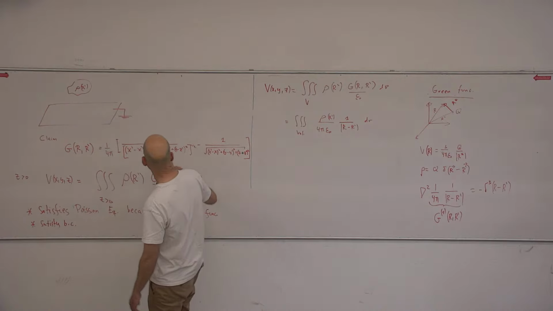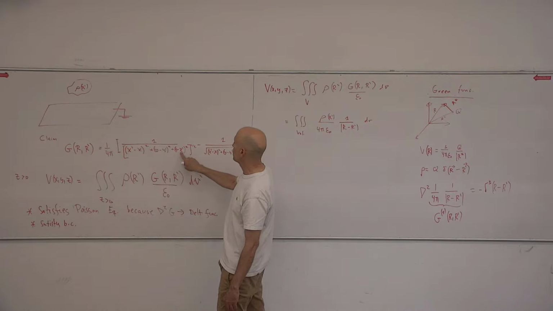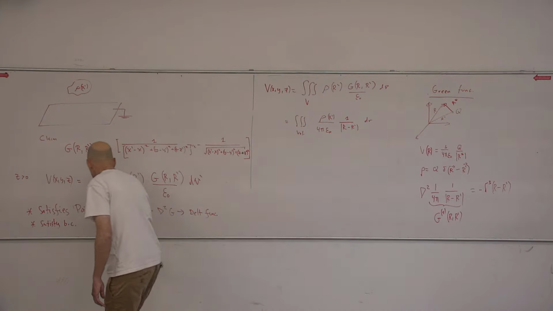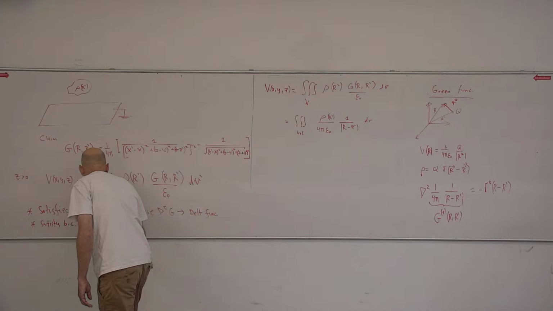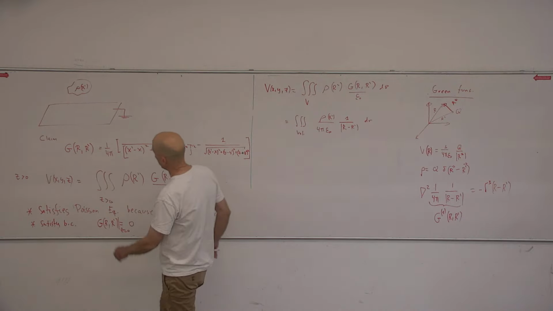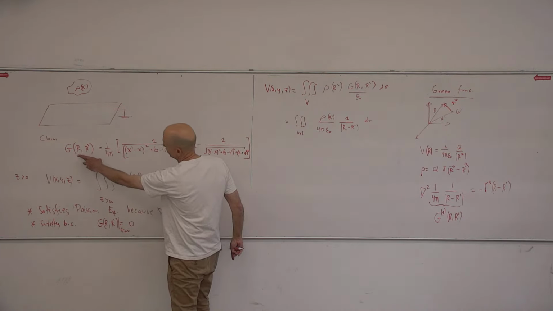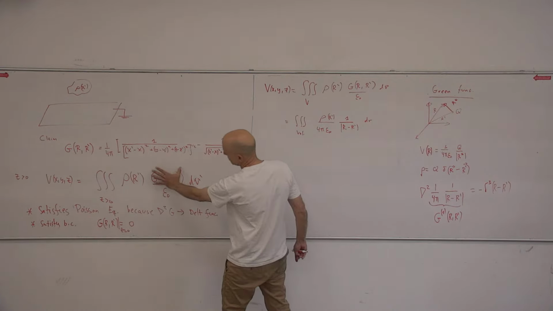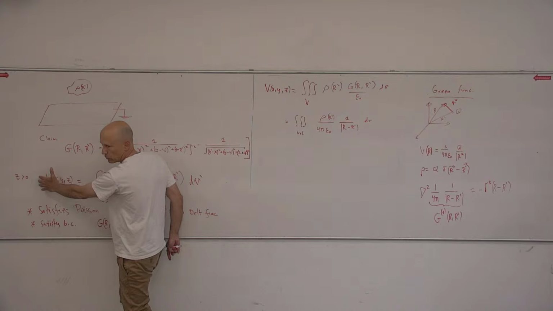That's this plane. If z is equal to 0, minus z prime squared is the same as plus z prime squared. So G(r, r prime) is a complicated thing, but when I take z equals 0, it is equal to 0. So if I take r equals 0, z equals 0, then this guy is 0. Then if this is 0, the potential is 0.